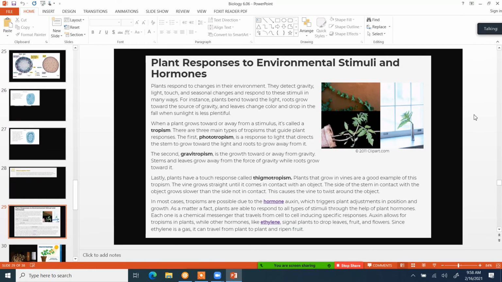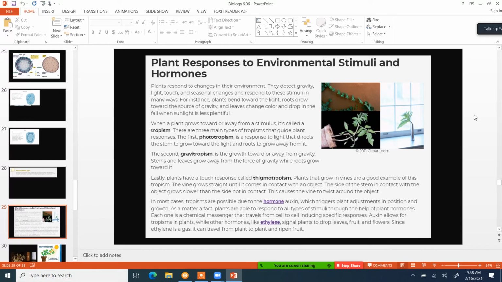All right. So now we're going to talk about how plants respond to the environment. Plants are always responding, right? We talked about seeds: if the soil is in the right condition and there's enough water, they come out to grow. If a plant senses light, the first leaves come out.